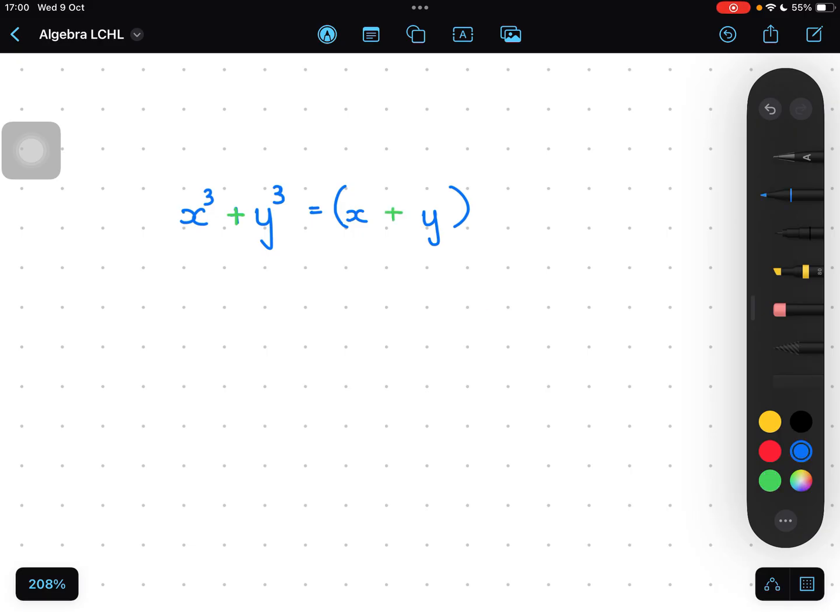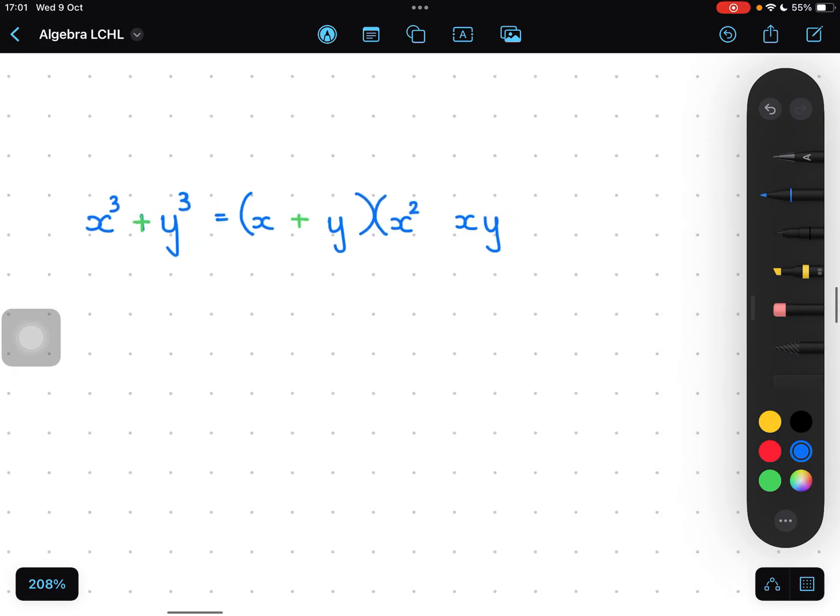The next bracket has the root of the first term squared, so in this case x squared. Then the root of the first times the root of the second, in this case xy, and then the second root squared.